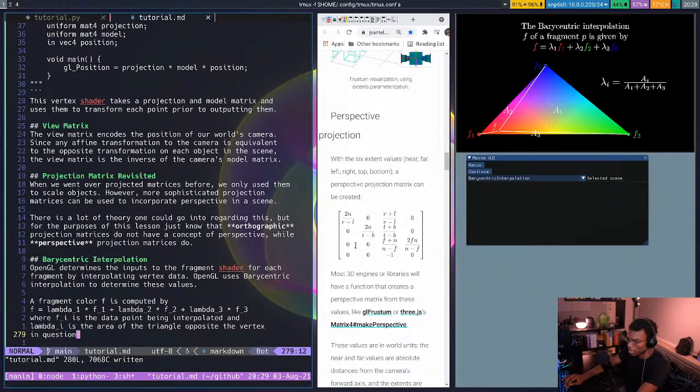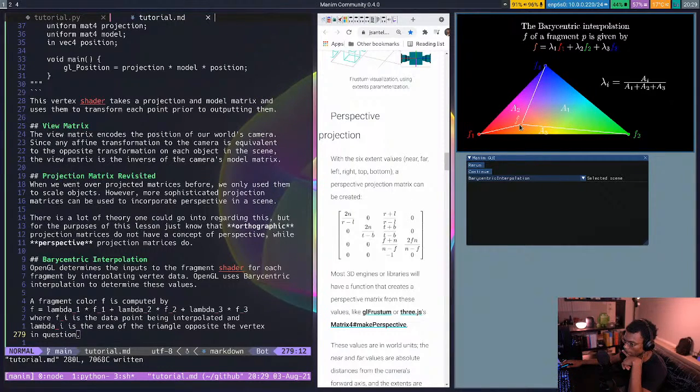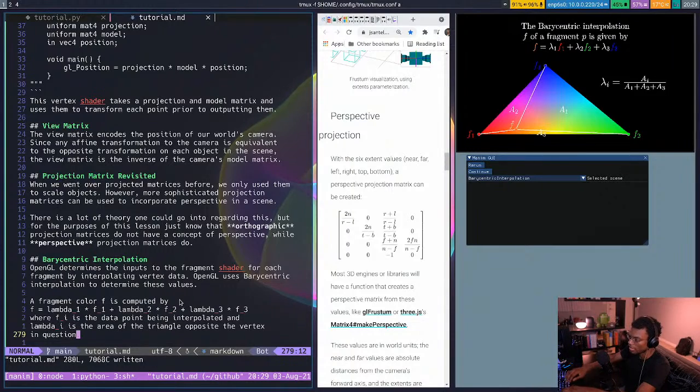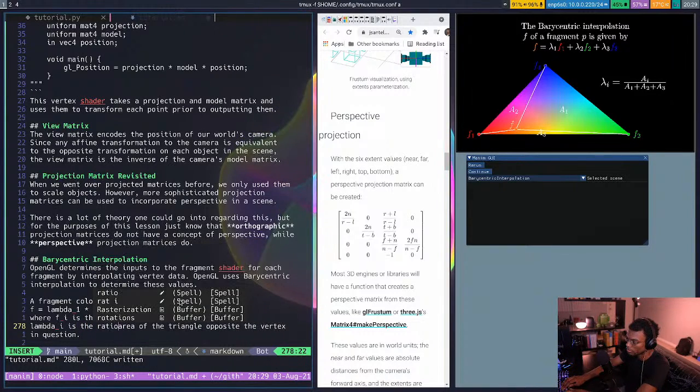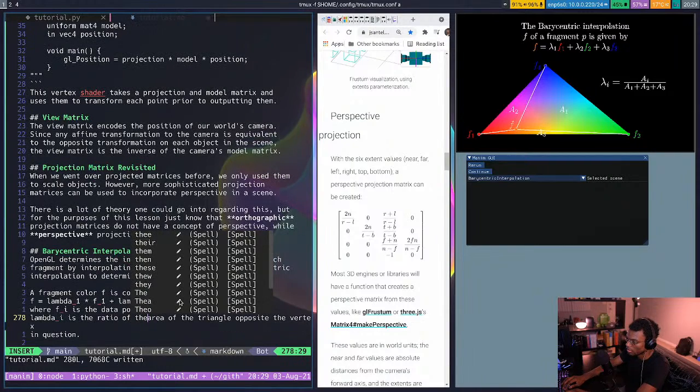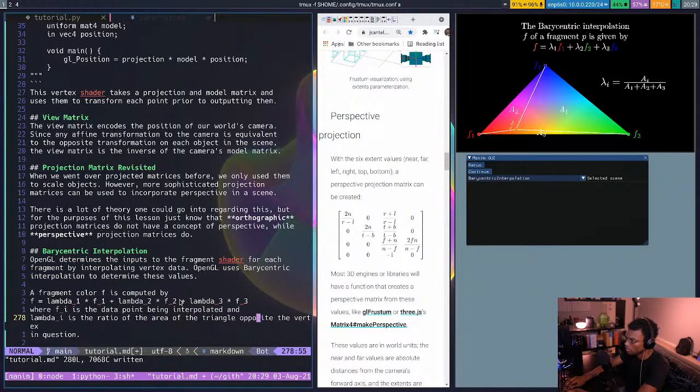I think undeniably an awkward explanation, but the picture's just so much better. Oh, it's not the area. It's like the ratio of the area of that triangle to the total area of the triangle.